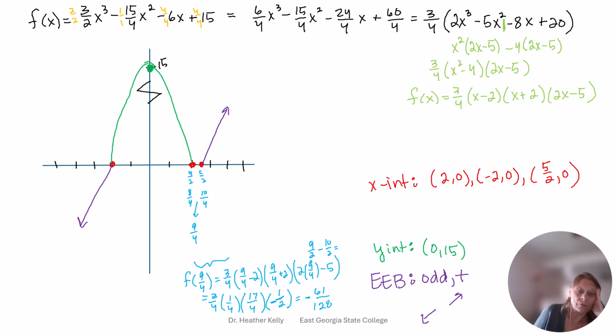So 61 divided by 128 is a little bit less than a half. That point right there is 9/4 and negative 61/128.